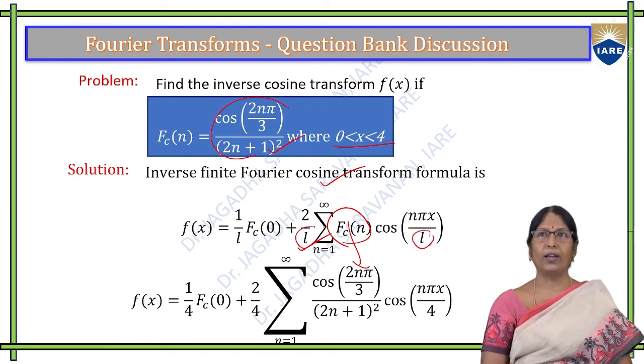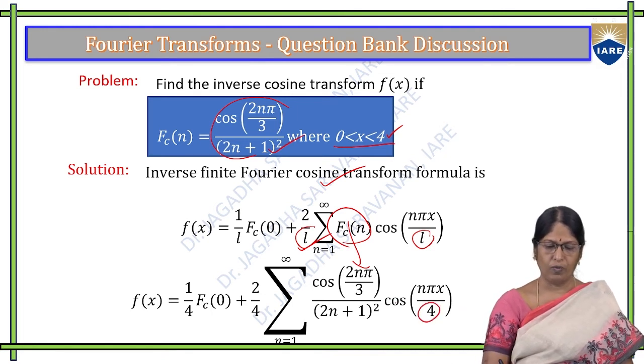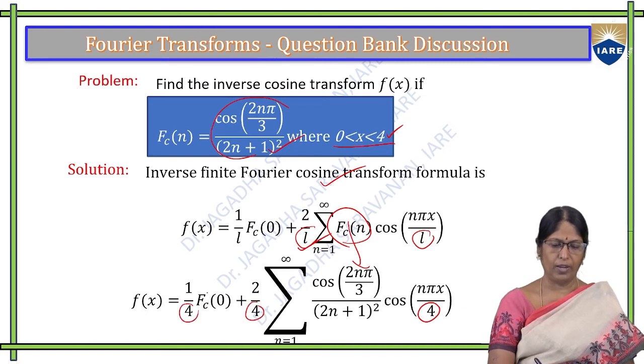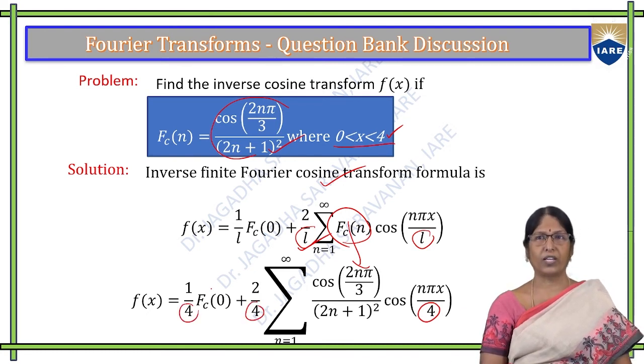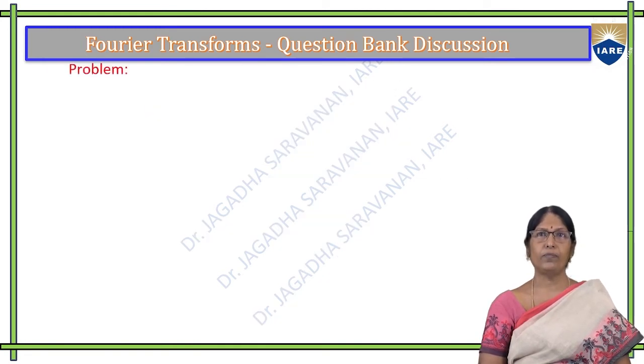In the formula, L is there. From our given condition, we are understanding, Bloom's second level, that our L is 4. The third level, apply: wherever L is there, we apply 4. 1, 2, 3. We applied it in a correct way. So these steps are to be followed to reach the solution.